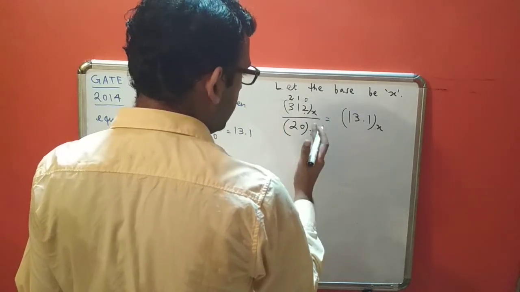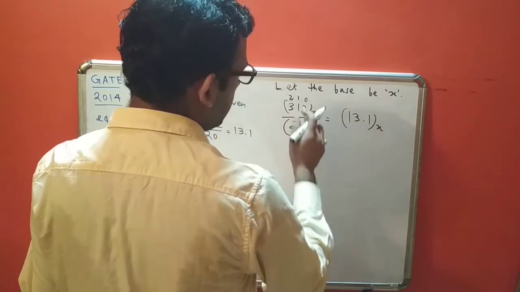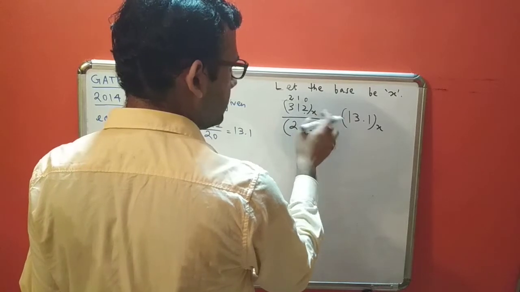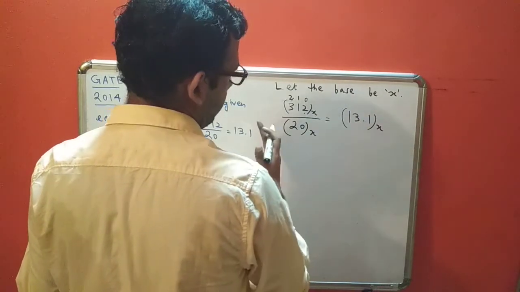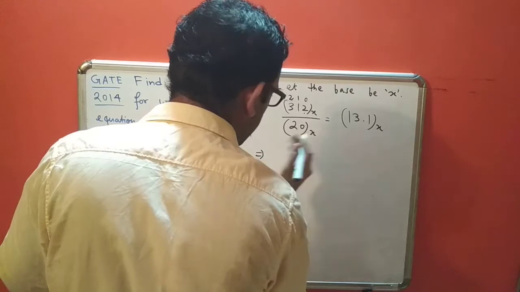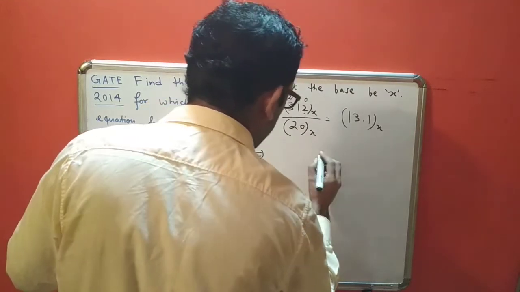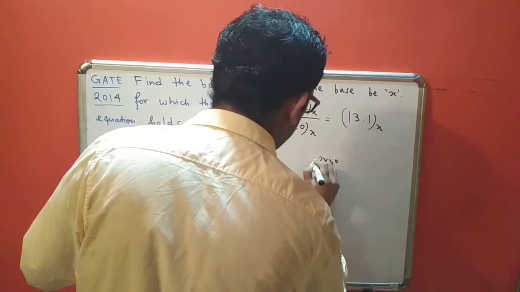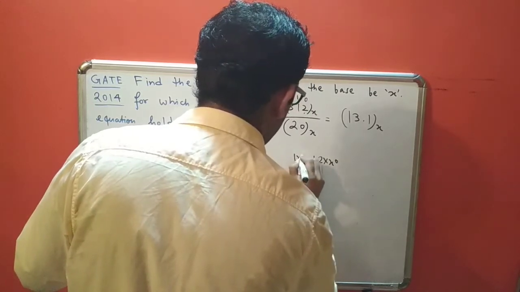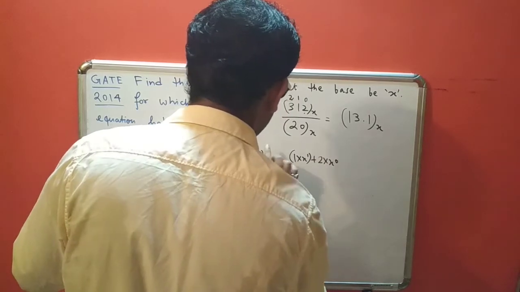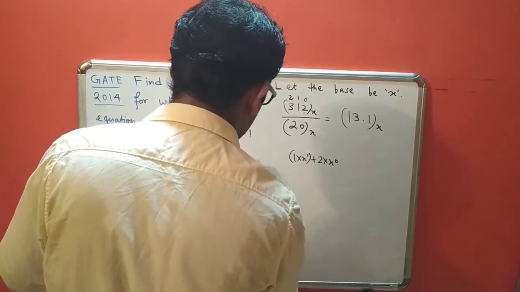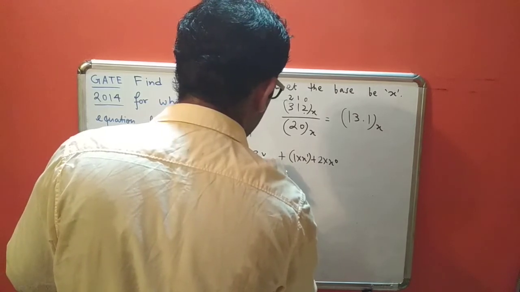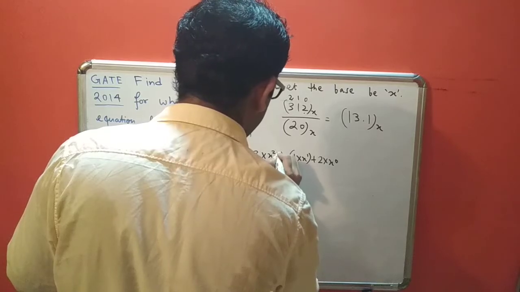So it is best to write the sum terms from right to left when you're converting from any number system to decimal. So what do I write? I write 2 into x raised to the power of 0, added with 1 into x raised to the power of 1, added to 3 into x raised to the power of 2.